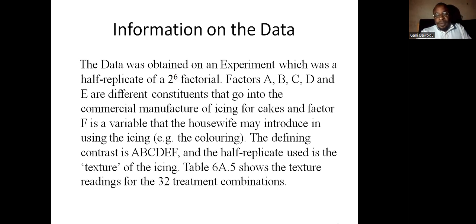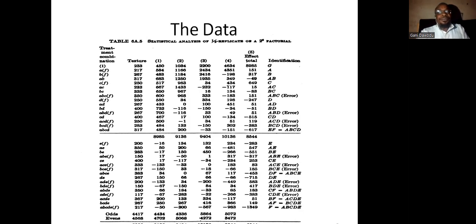All right, the data. This is statistical analysis of a half replicate of a 2 to the power 6 factorial. Now, the method that is being used here is Yates. You remember there was a video on Yates. So if you've not seen that, please go look for that video. All right.